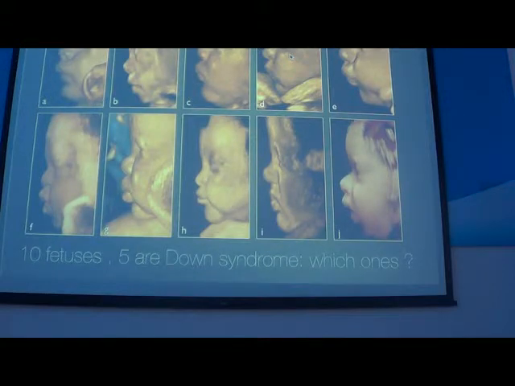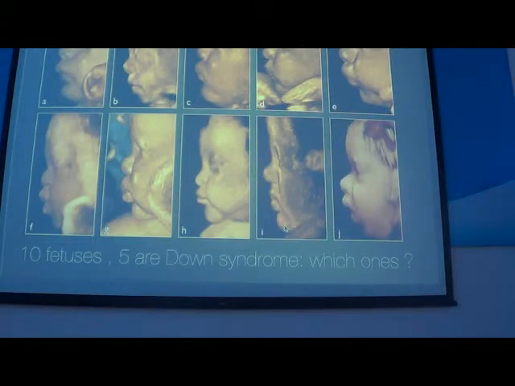This one is a normal one. This is a Down syndrome. This is a normal one. This is a Down syndrome. And this one with a flat face is normal.